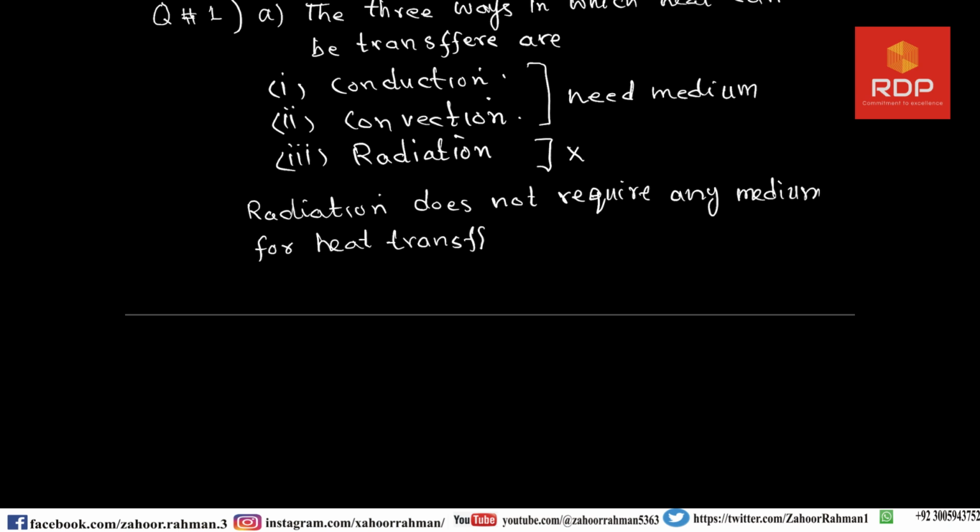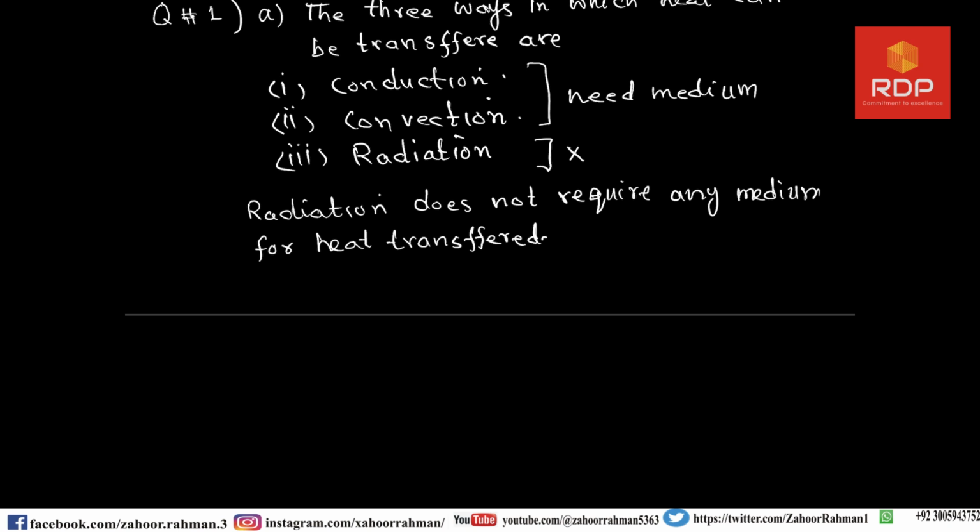As we discussed, the radiation coming out from the sun in the form of electromagnetic waves can pass through space, and in space there is no air, it is totally a vacuum.